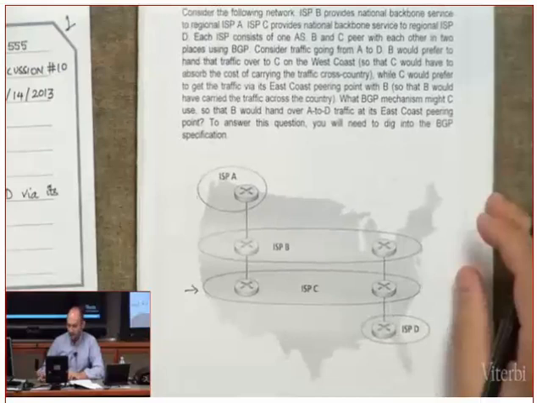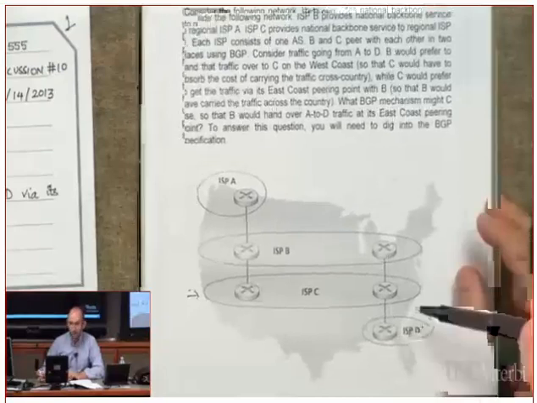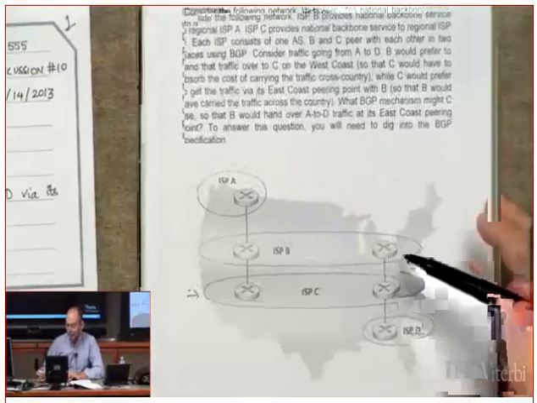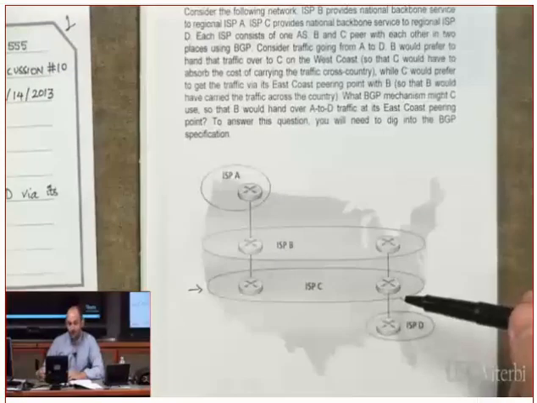So let's quickly write down a short answer for that. The answer is that C advertises its route to D via its east coast peering point.